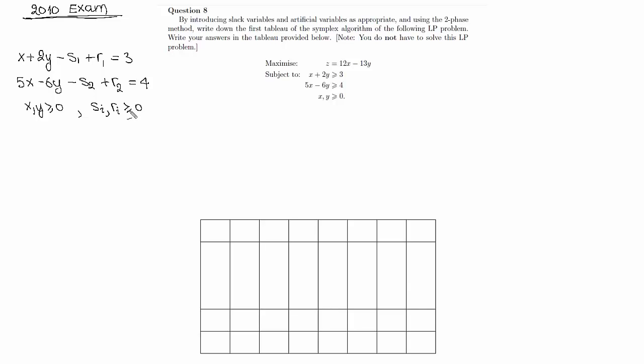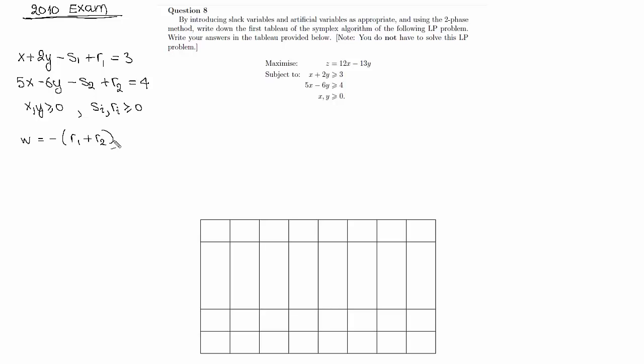So these are our constraints, and now we also have, for the two-phase method, a new objective function w, which is minus the sum of all the artificial variables. So it's going to be minus r1 plus r2. But we need to express this w in terms of the basic variables.